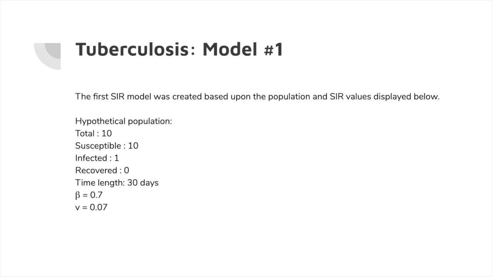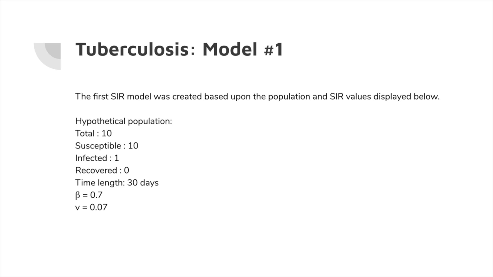So my first model for tuberculosis was created based on the population and SIR values displayed below. For each of the hypothetical populations for all of the models I made, I got them off of the IB Math Resources website because it said that was the best way to model a disease in terms of 3 models over time.